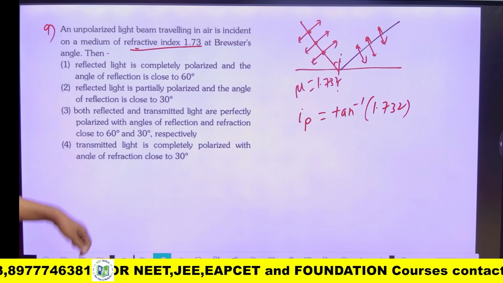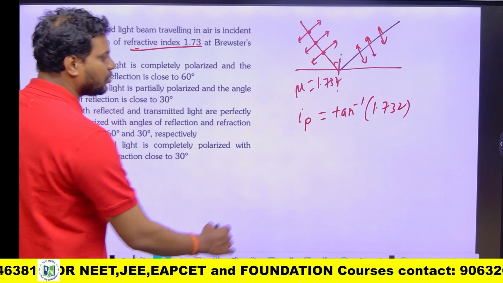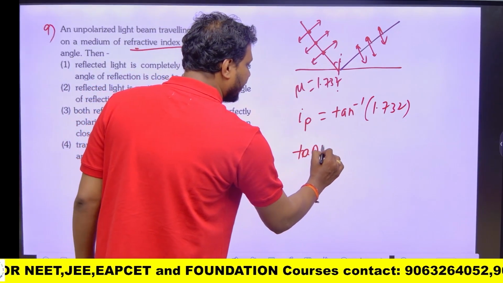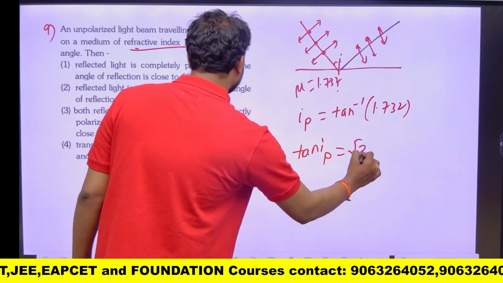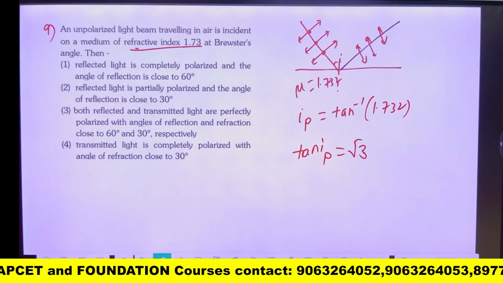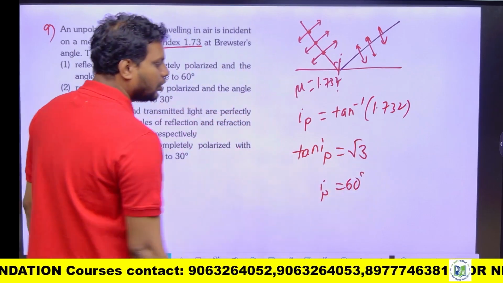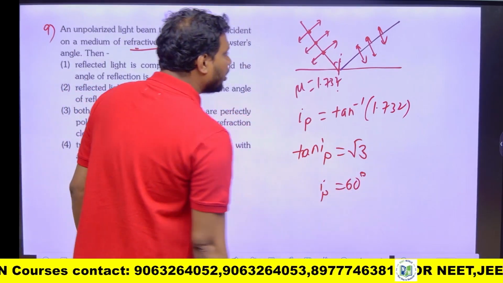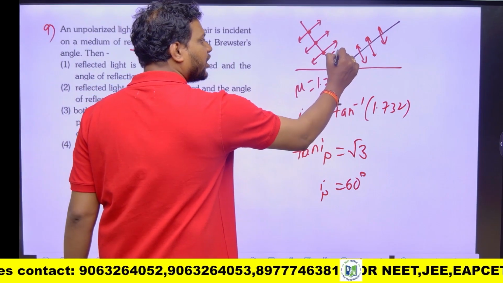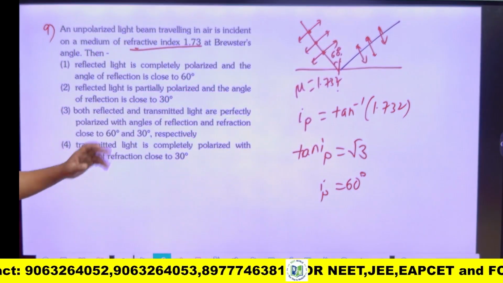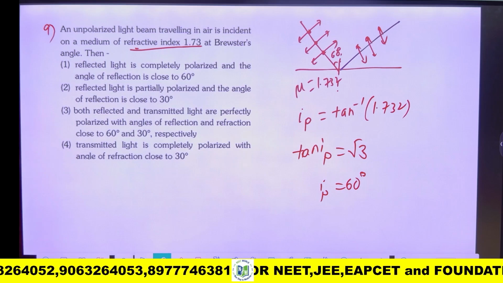So tan IP is equal to root 3. You will get root 3 value when IP is equal to 60 degrees. So the answer will be, the polarizing angle should be 60 degrees. At this 60 degrees, it will be completely polarized. So option 1 is correct.